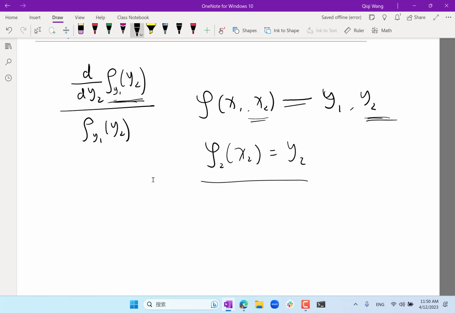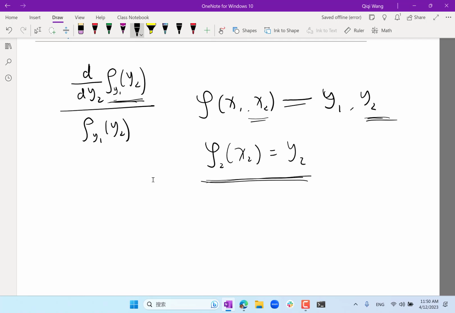The density of a map follows what's known as the Frobenius-Perron equation.